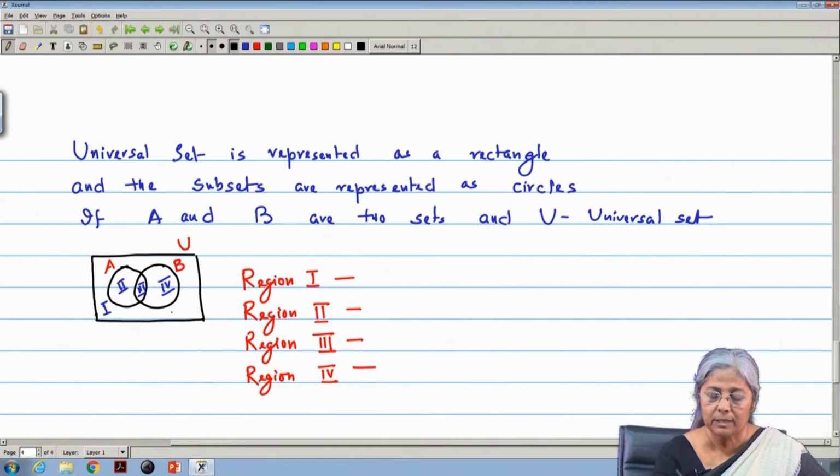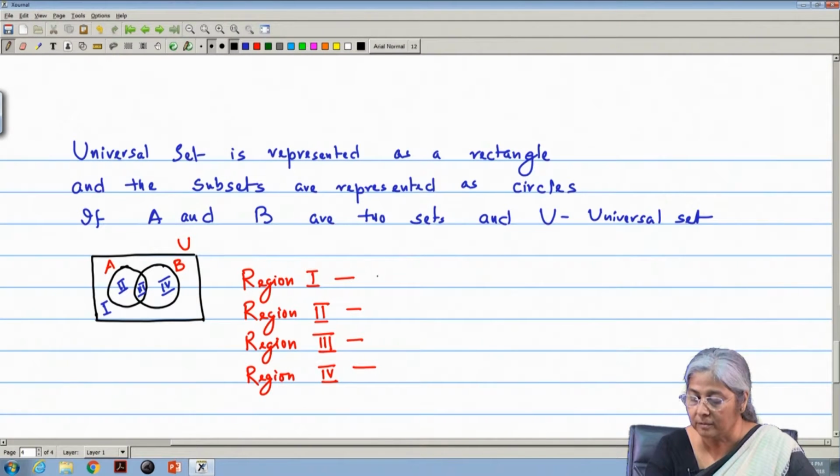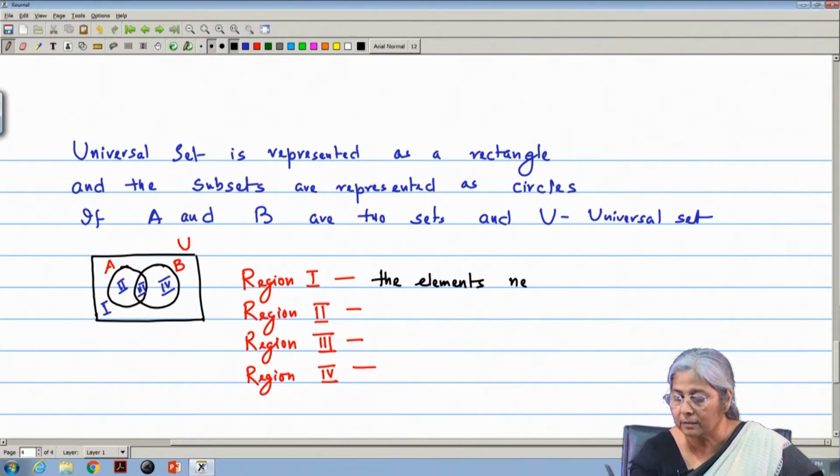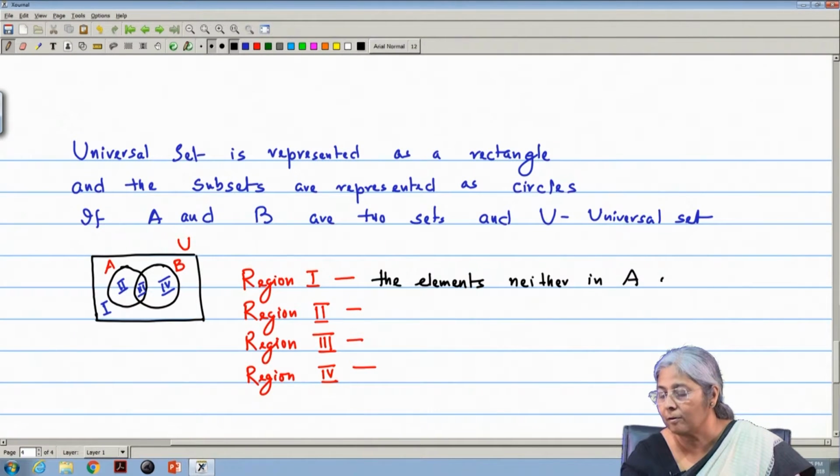Region 1 contains the elements that are in the universal set U, but not in A and not in B. So, region 1 covers the elements neither in set A nor in B.